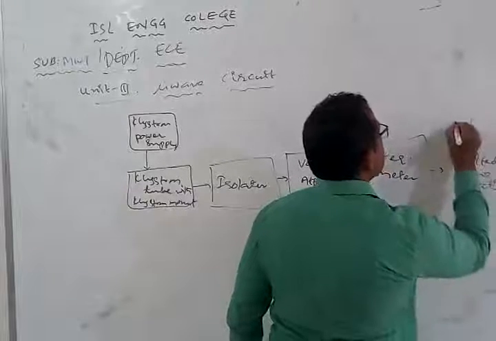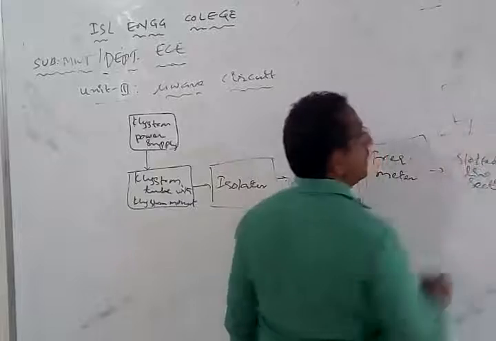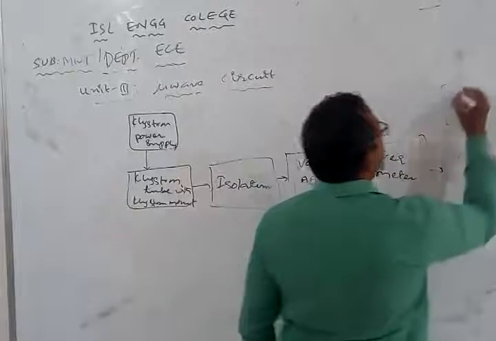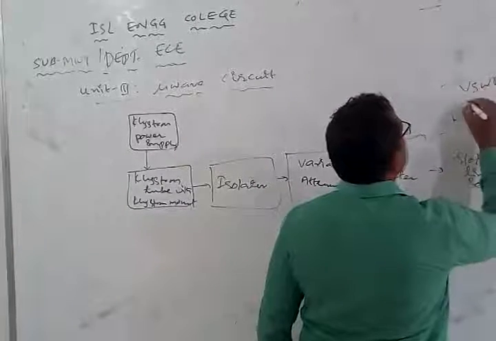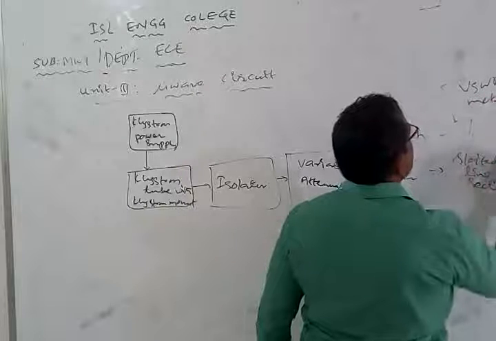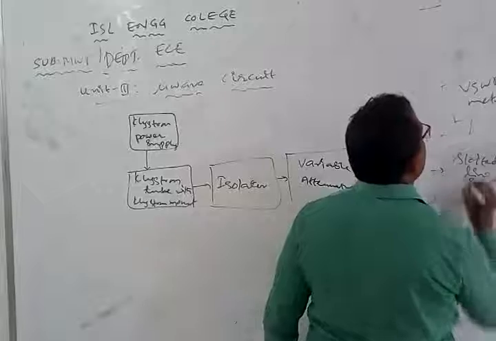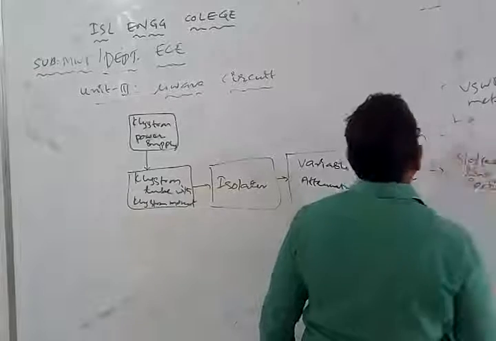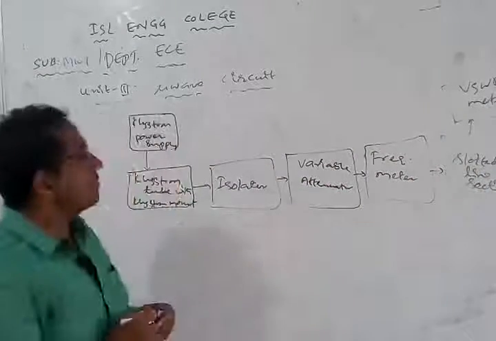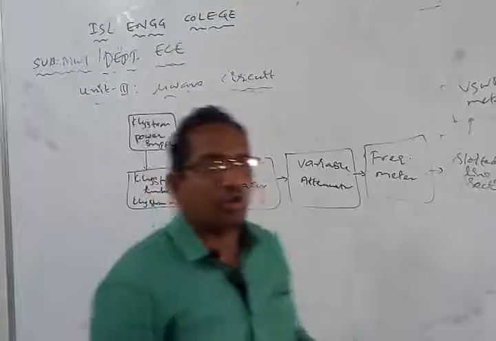To this slotted line section, we're going to connect a meter, known as VSWR meter. Then you normally going to have the load here. So now this is the basic setup of a microwave circuit.